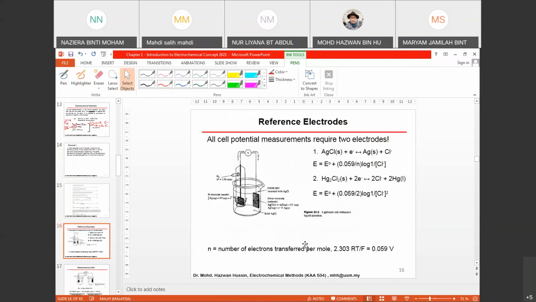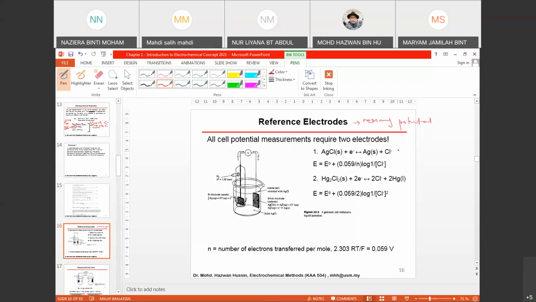As I mentioned last Tuesday, the function of a reference electrode previously was to measure potential. All cell potential measurement requires at least two electrodes.